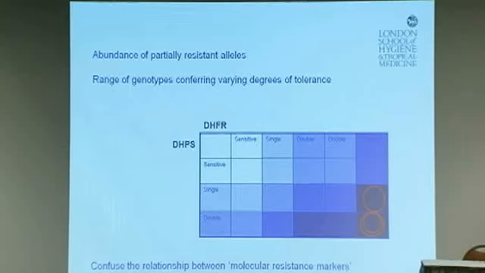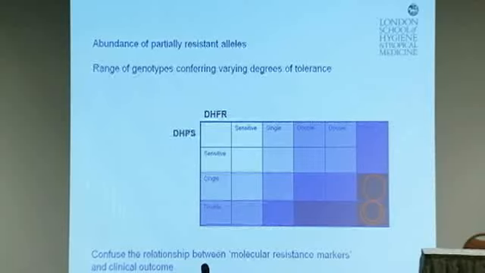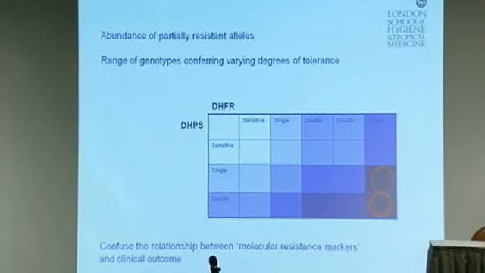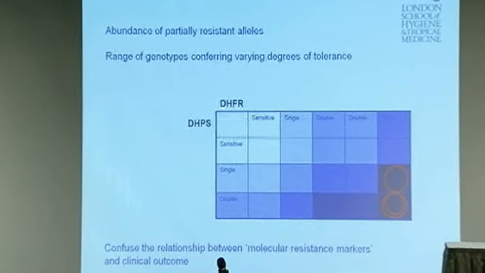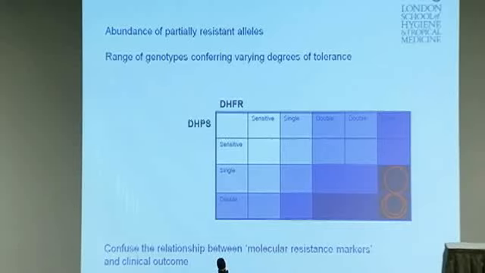So there's an abundance of partially resistant alleles, a whole range of genotypes conferring different degrees of tolerance, but in terms of what's predictive of what happens in a patient, there are really only two genotypes that are important: the West African combination of the single mutant DHPS with the triple mutant DHFR, and the East African double mutant DHPS with the triple mutant DHFR, shown with those red circles.